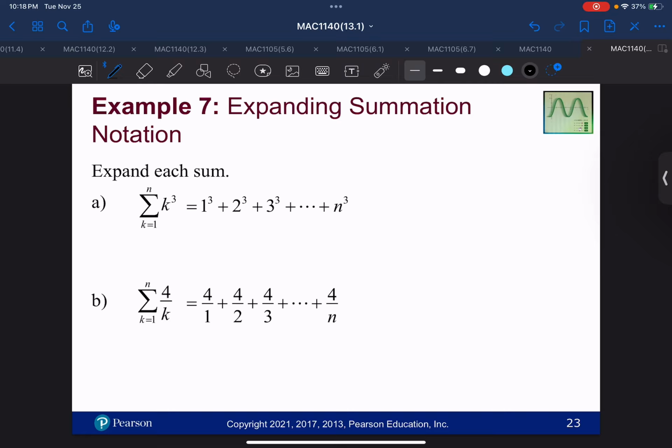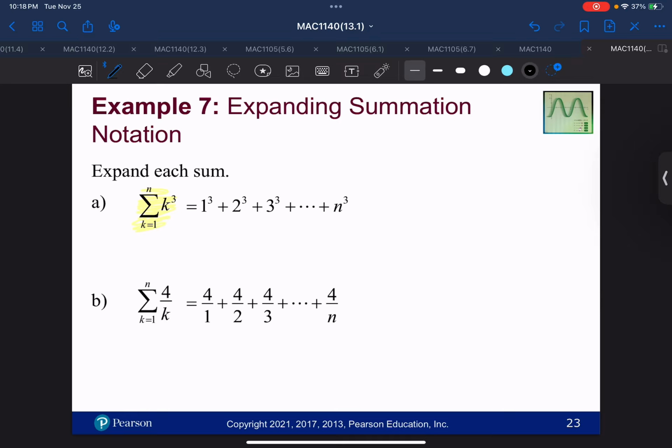So here's a few examples. To find this sum, we start with k equals 1, and I plug 1 in for k cubed. So that would be 1 cubed, and then I go to 2 for k, so that'd be plus 2 cubed plus 3 cubed plus 4 cubed plus 5 cubed all the way until n cubed.